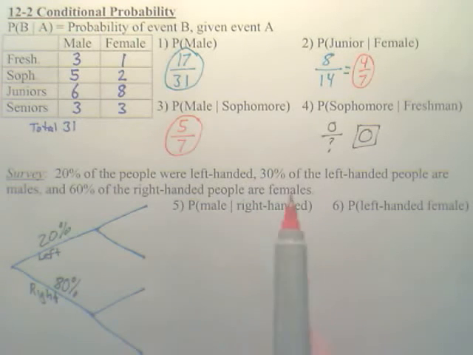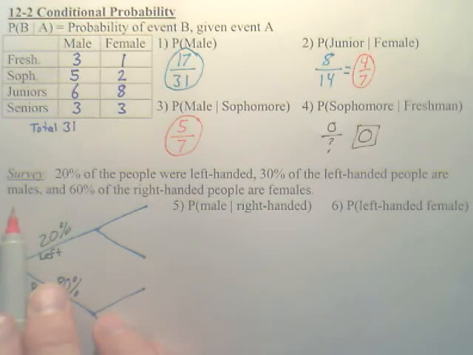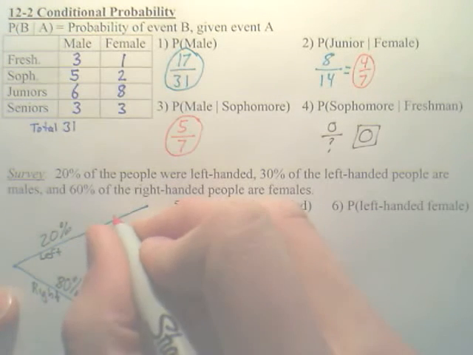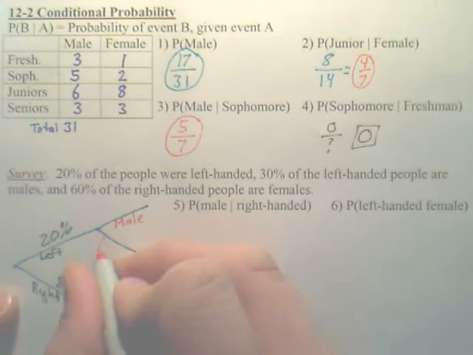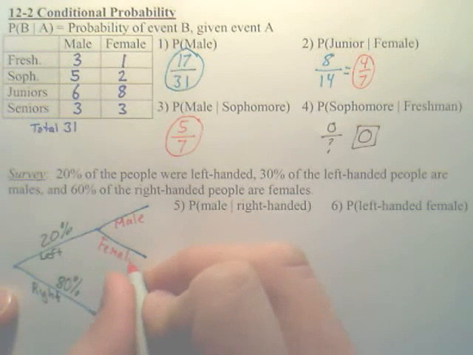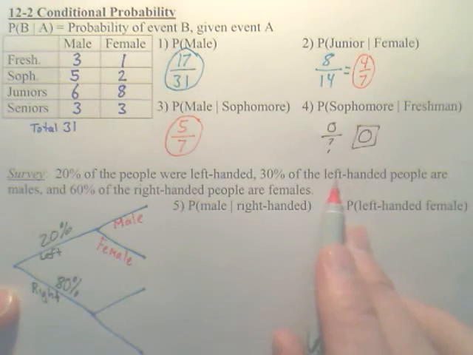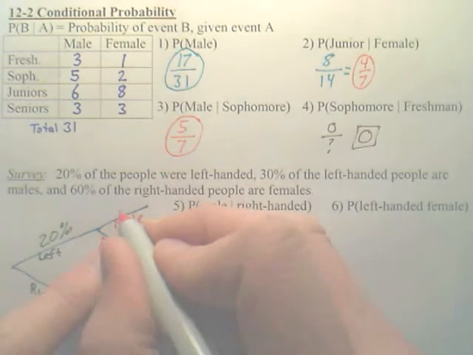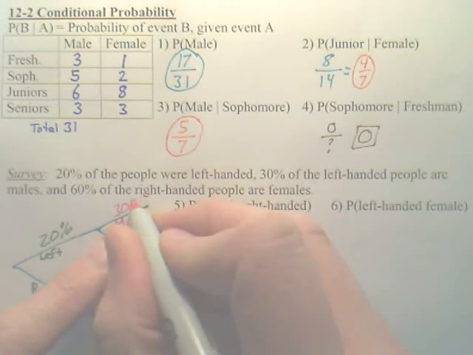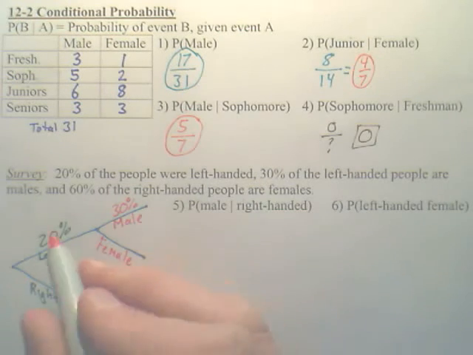Okay, next. 30% of the left-handers are males. So when we get to left hand, do you understand next we're dealing with either they are male or female? So if you're left-handed, 30% of the left-handers, so we're on left hand, we're up top, 30% of the left-handers are male. So right here, left-handed males is 30%. What would be the left-handed females? 70%.